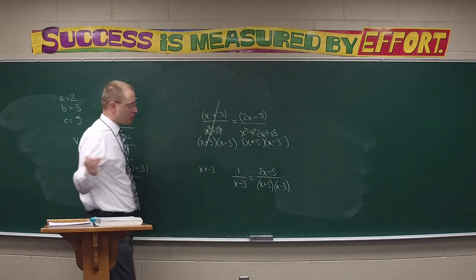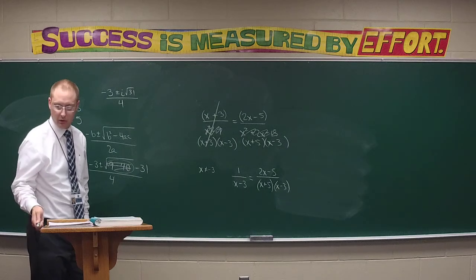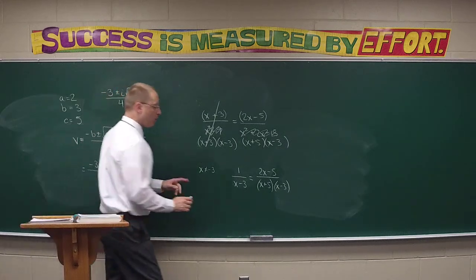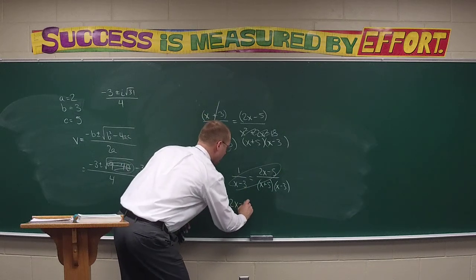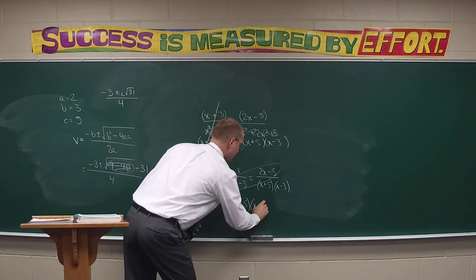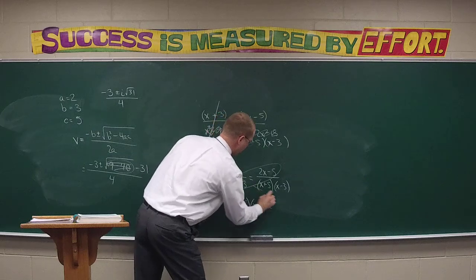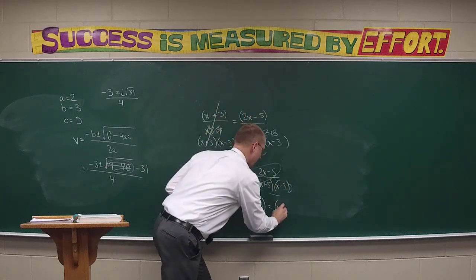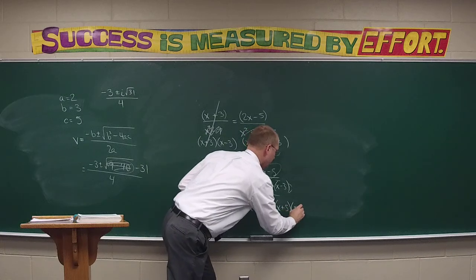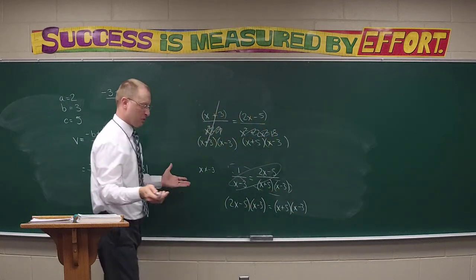But to solve the proportion, we have to do what, Kendall? Cross multiply. And when we do cross multiply, if I were to leave this in the factor form, 2x negative 5, x negative 3, and of course here, it's just going to be what we just had, right? The x positive 5, x negative 3.